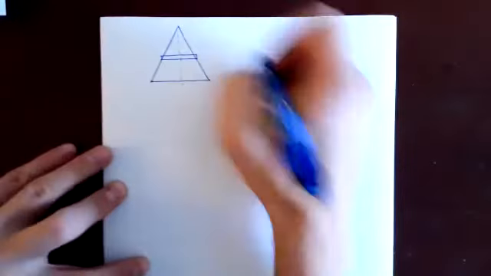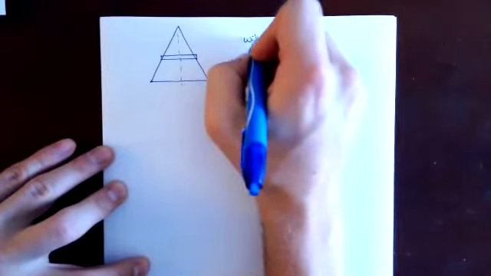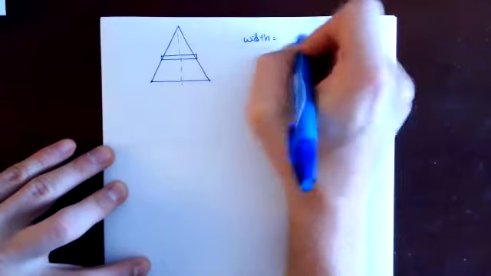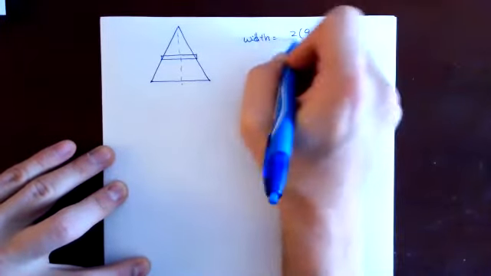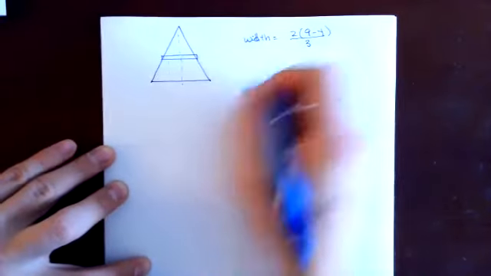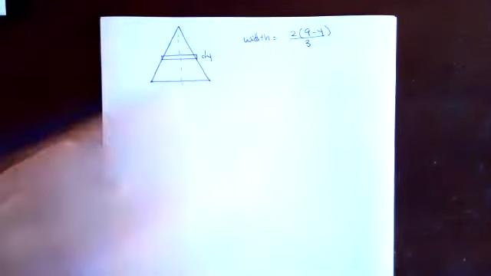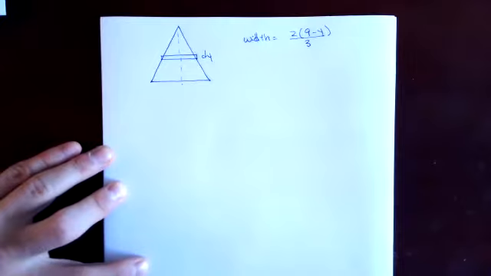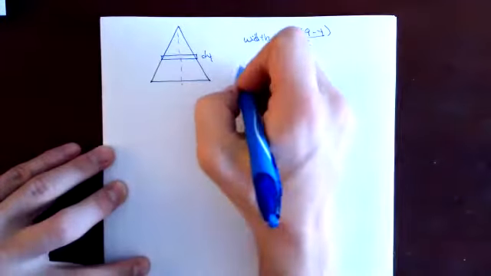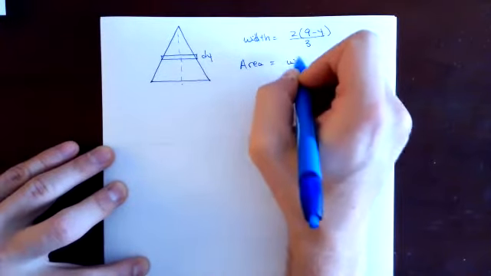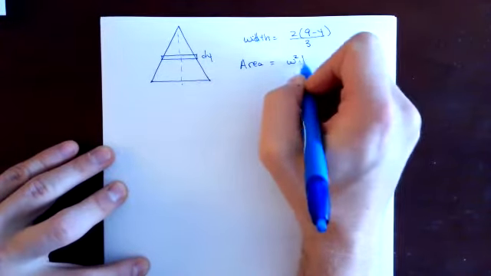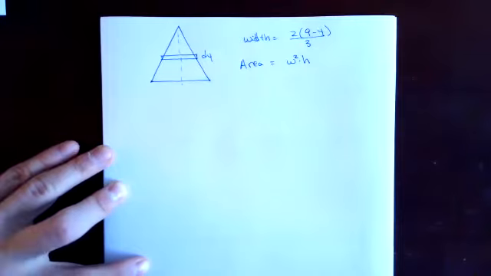So if our width was 2 times 9 minus y over 3, I know that the height of each box is a dy, and then of course the area is then w squared times the height.